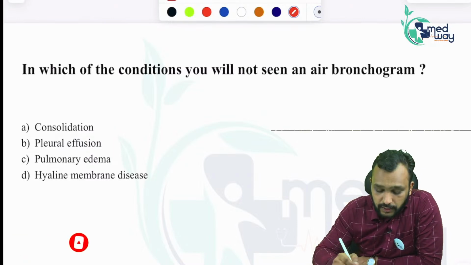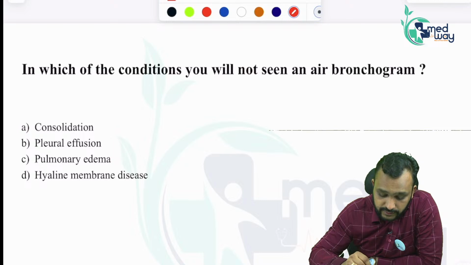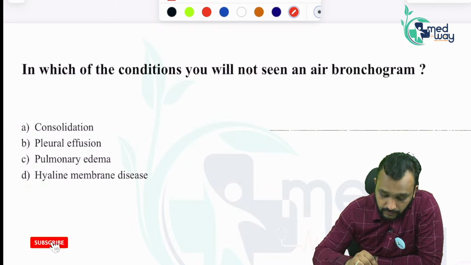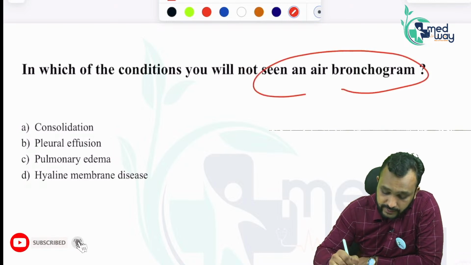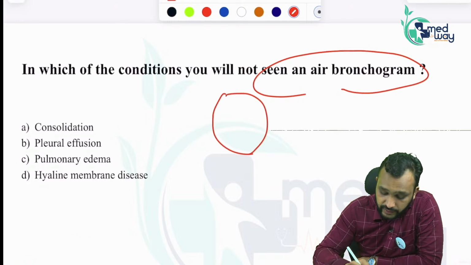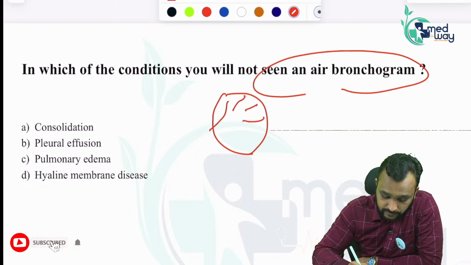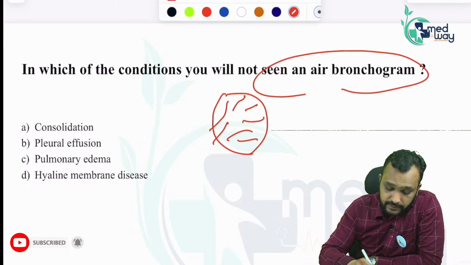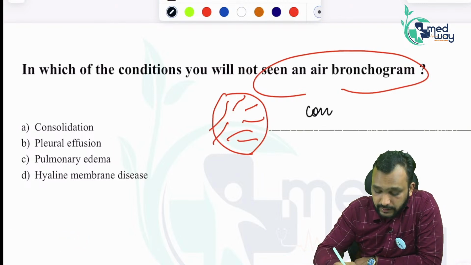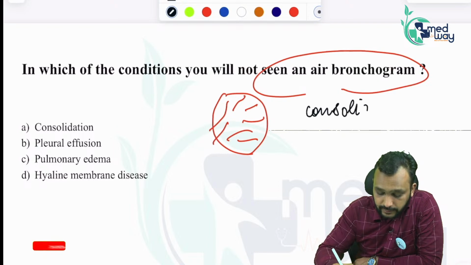In which of the following conditions will you not see an air bronchogram? So guys, what is the air bronchogram sign? You will see a homogeneous opacity, and within that homogeneous opacity you will see linear translucencies. This is known as the air bronchogram sign. This is classically a sign of a patient with consolidation.